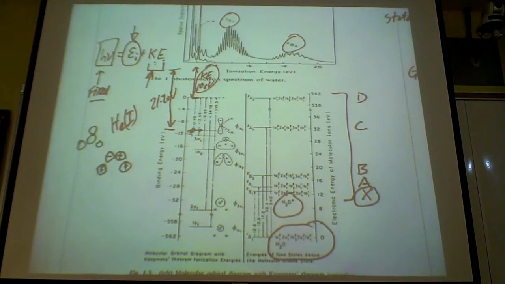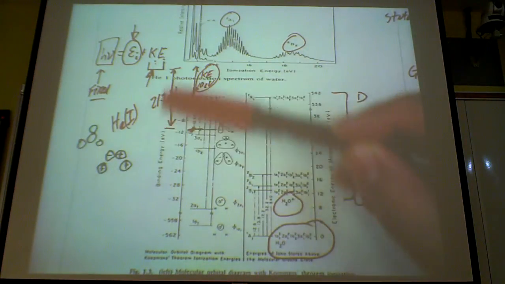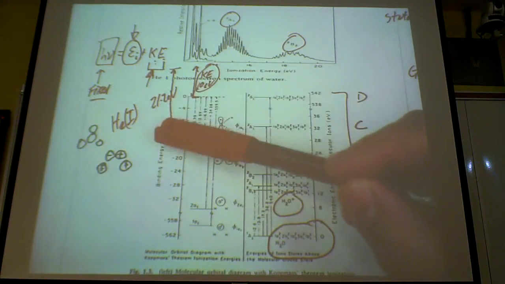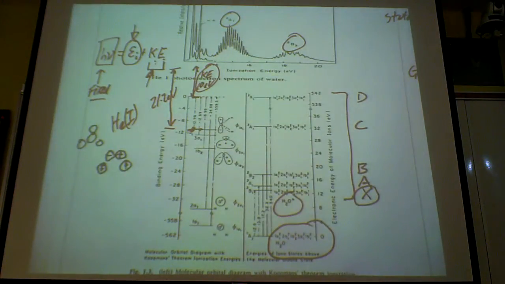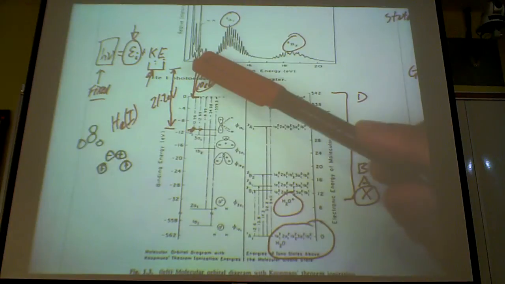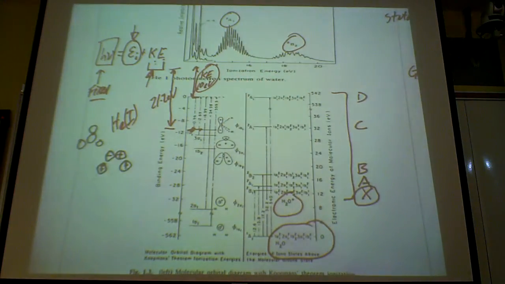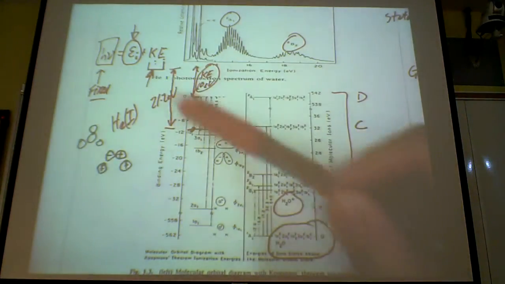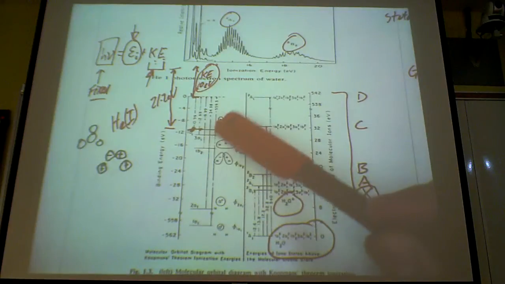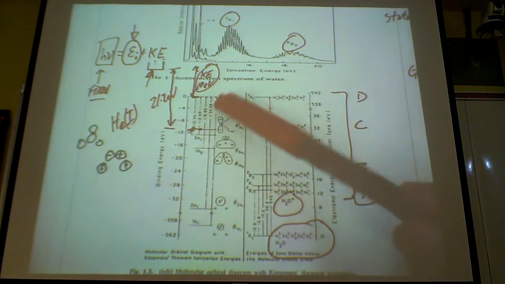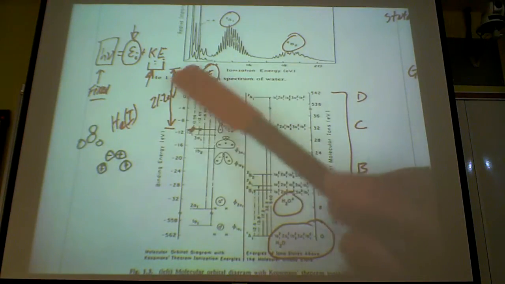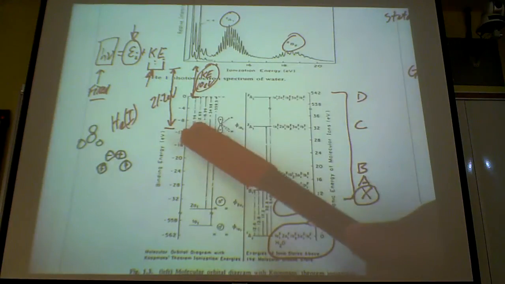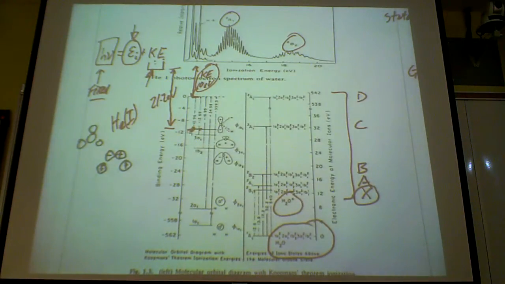In this case, water, right? What would happen? Well, you have a discrete package of energy, 21.2 eV, and you let the water absorb the entire photon. Let's say the lone pair electron right there absorbs the entire 21.2 electron volt.